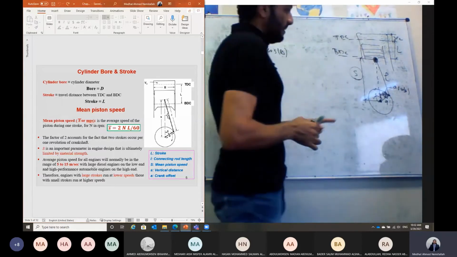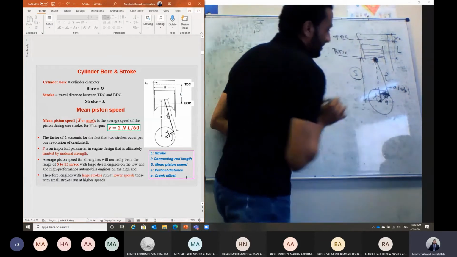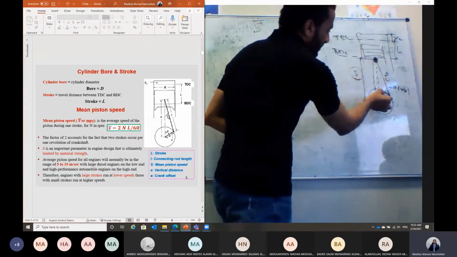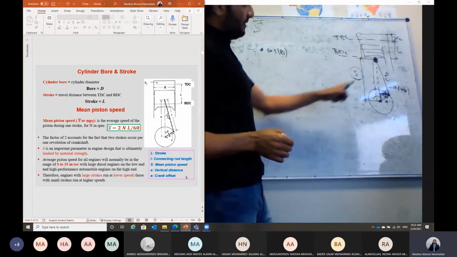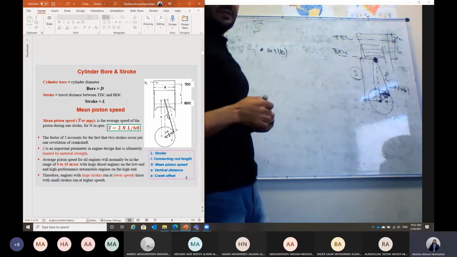So for this triangle, this side is A sine theta, and this side is L. So this distance squared should equal L squared minus A squared sine squared theta.